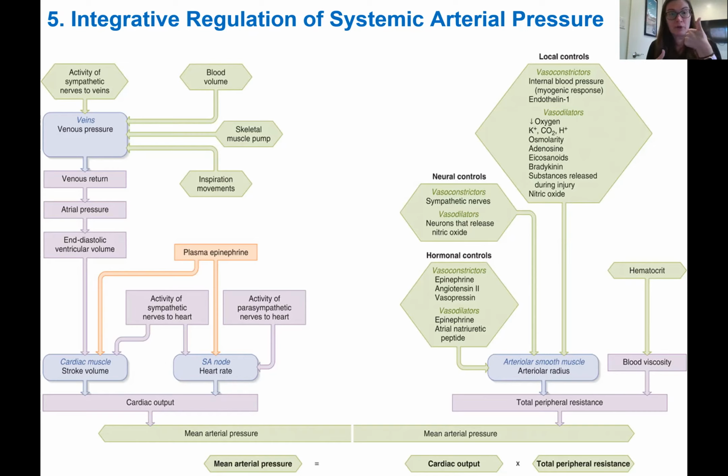If cardiac output goes up, mean arterial pressure goes up. If they both go up, they both send mean arterial pressure up. But you can also keep mean arterial pressure the same by upping one and not the other. So if total peripheral resistance goes up and cardiac output goes down, that's a way to maintain blood pressure. Got all these different places that you can do it. You can see that there's this huge diversity of targets that your body has to finely tune your blood pressure.